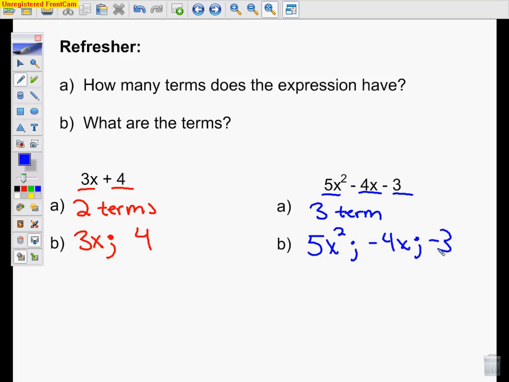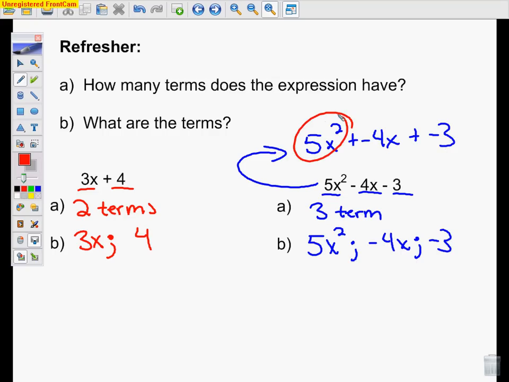Remember, in the polynomial, the terms are separated through addition signs. If I took this polynomial and rewrote it with just addition signs, it would be 5x squared plus negative 4x plus negative 3. And then those would be your three terms, 5x squared, negative 4x, negative 3.